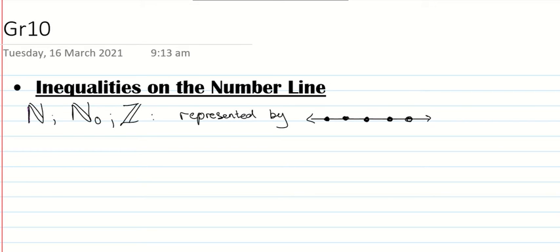So that means the natural numbers, whole numbers and integers get represented by dots. And then we have the R symbol, and the R symbol stands for real, rational numbers.